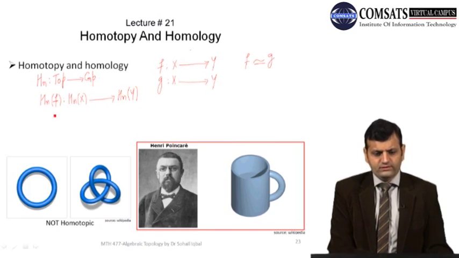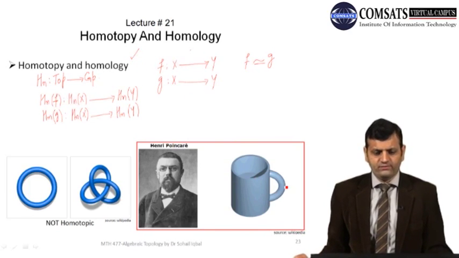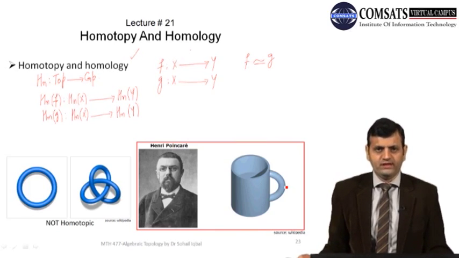Now similarly I can have another image of g, from Hn of x to Hn of y. So if f and g are homotopic, then these two maps are equal. Okay, so that's what we discussed mainly in this lecture, where we relate homotopy and homology. Of course, we discussed what is homotopy, and this helped us to understand homology as well.